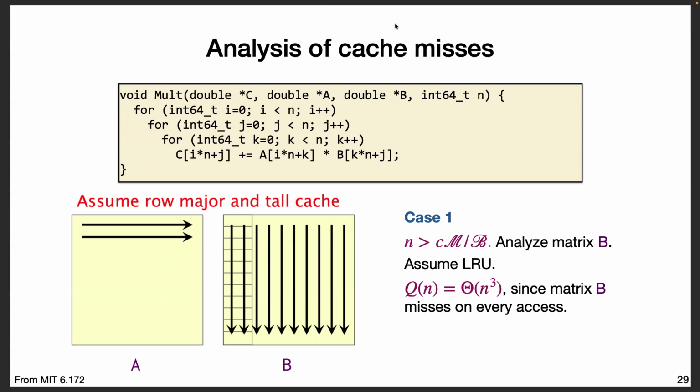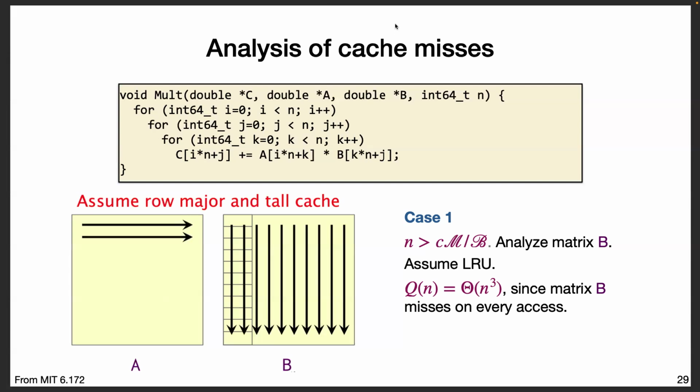So we start here, and we're going this way. We read this element, and then now we have to read this element, because it's the first element of A times this one, second element of A times this one. Each of those is one cache miss because they're not in the same block.